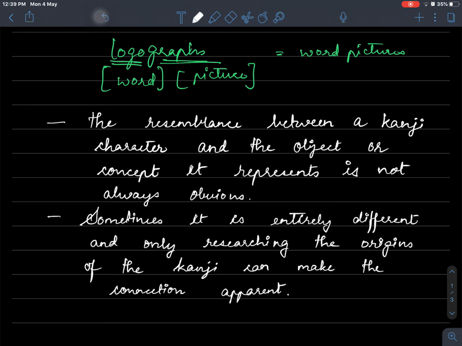It's not always possible to directly guess what the concept could be based on how the kanji appears, and sometimes it is almost impossible to understand what it could be unless one actually goes through how the kanji itself has evolved over the course of its use, that is, over the course of several hundreds of thousands of years, and how it has come to be the way it is today from what it used to be when the primitive peoples actually came up with the actual character.